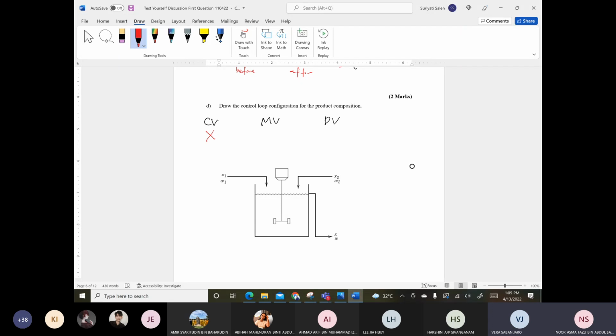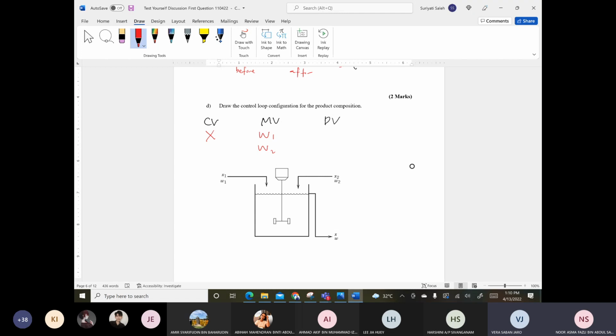For achieving the control variable, we can use either W1 or W2. It is much easier to manipulate the flow rate compared to the composition. For the flow rate, we can adjust the valve to get how much flow we want.